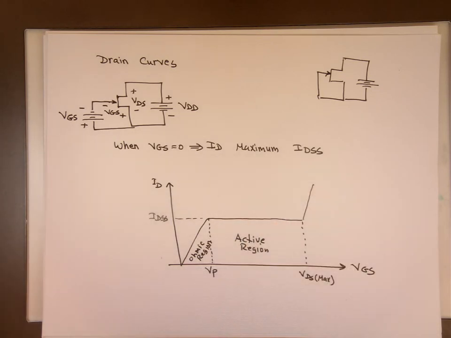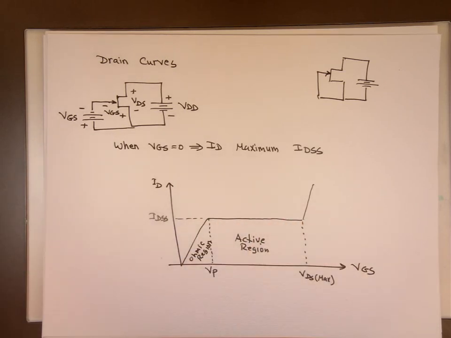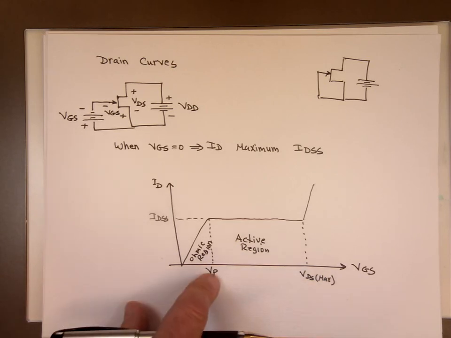Now the question becomes, why does it stay constant right here? Why is the drain current, I sub D, constant? Now, when VDS reaches that value, which is VP, the depletion layers are almost touching.